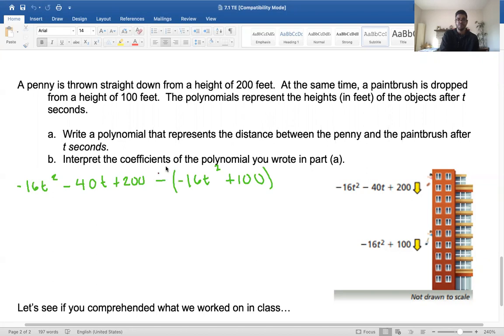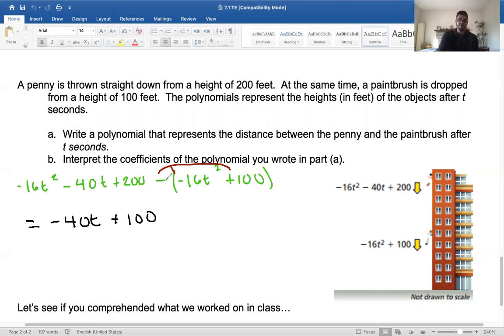Once I distribute this negative sign through and simplify down, my polynomial is going to be equal to negative 40t plus 100.